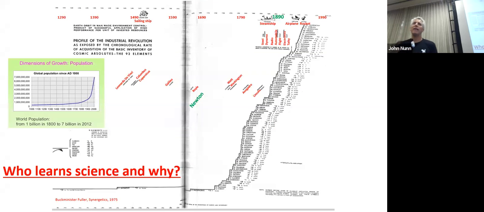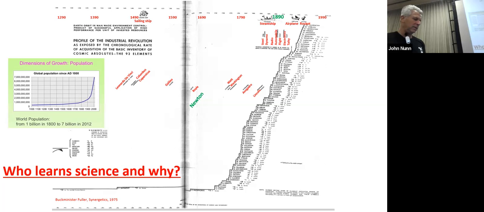Before I start into that, I just want to mention this interesting slide from Buckminster Fuller's Synergetics book from 1975. He was the guy that invented or popularized the geodesic domes. Very interesting guy. It's basically a curve. On the x-axis is time, and on the y-axis is human civilization progress.